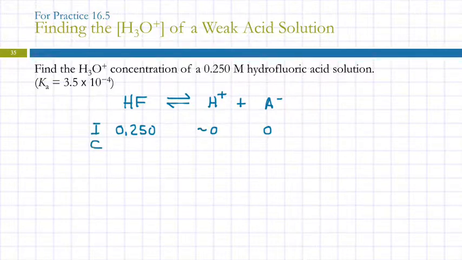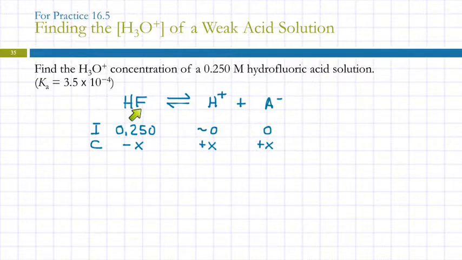Then we're going to look at how do these things change. So the HF is going to dissociate or ionize and form these ions, and so this is going to decrease by X. This is going to increase by X, and that's going to increase by X. And there aren't any 2s or 3s or anything because these coefficients are all 1.